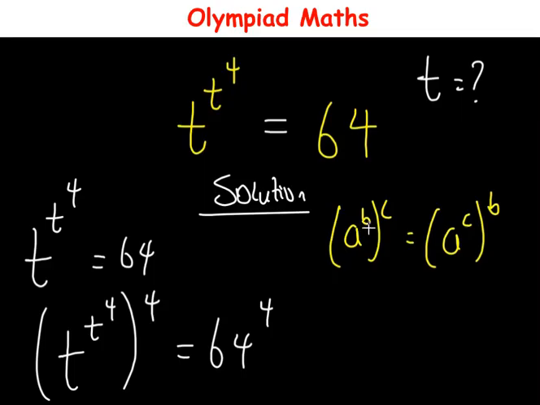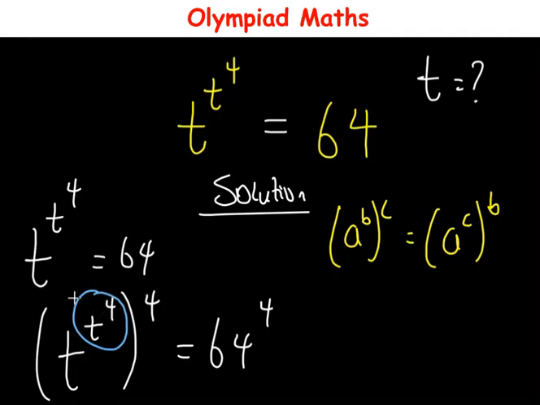So in this first expression, the first power, which is b, is inside, while the second power c is outside. But now power c is now inside and power b is outside. So in this case, we are going to ensure that this looks like this right here. And to do so, we treat this power t over 4, this one, as a single unit.